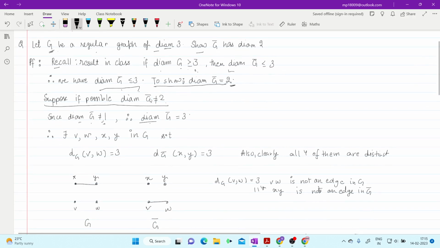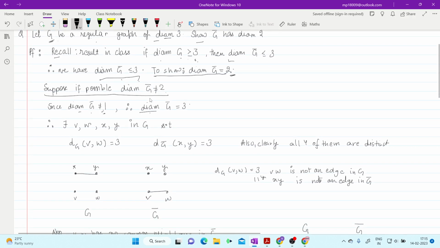So now if diameter of G bar is equal to 3, we want to arrive at some contradiction. So we have that diameter of G is also 3, and diameter of G bar is equal to 3, and G is regular, and we are trying to arrive at a contradiction.